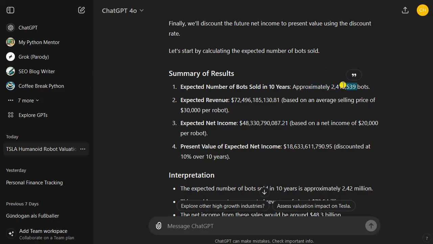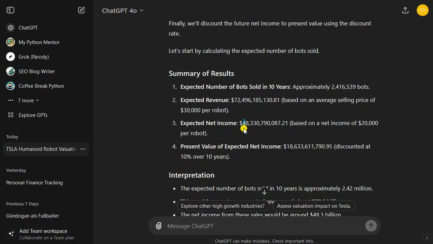Let's say we sell only 2.4 million in 10 years. Now what we would make is 72 billion in revenue or 48 billion in net income. And of course the share price would then be a multiple of this. So multiply this with 30 or so PE.